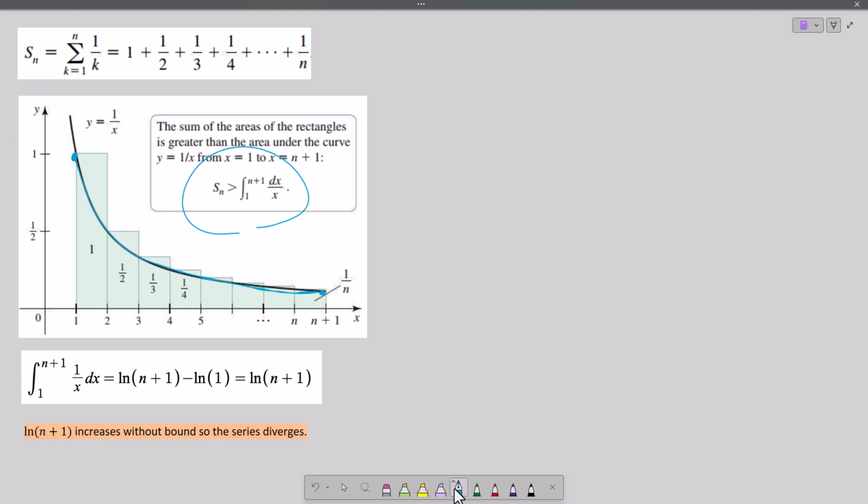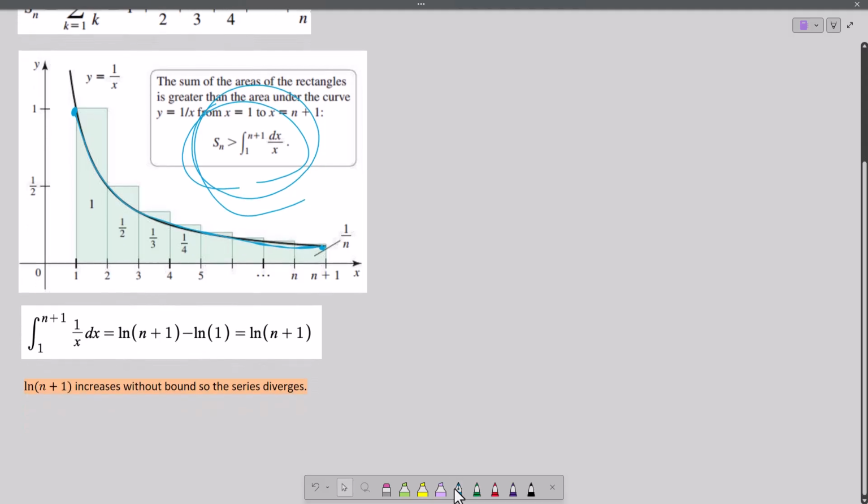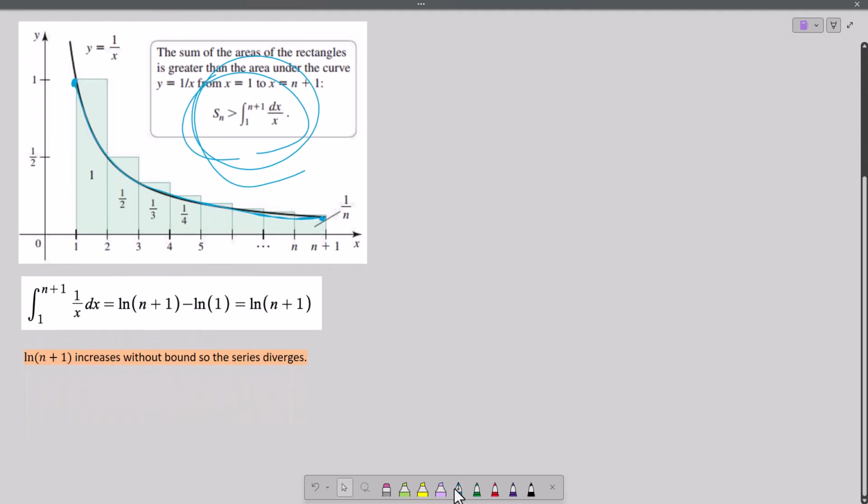So this statement is true. S sub n is bigger than the integral from 1 to n plus 1 of the function 1 over x dx. So then let's look at that integral. Well, that's an easy integral. It's just a natural log. And so we get natural log of the upper limit of integration minus natural log of the lower limit of integration. That's 0.